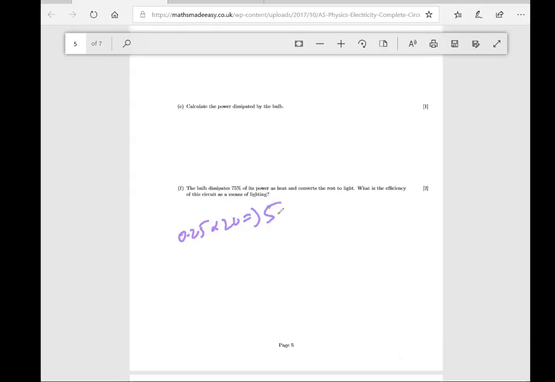But the efficiency will be 25%. So easy. Efficiency is 100 minus 75%. Sorry, actually, efficiency is equal to output divided by input.